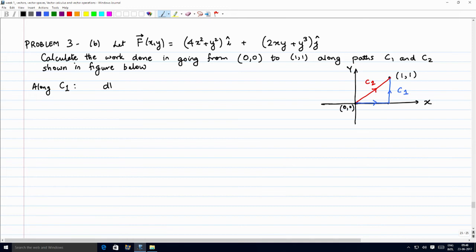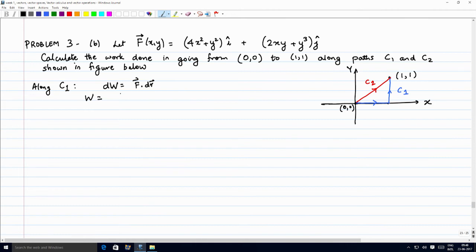You should remember that dW equals F dot dr. I'll break it into two pieces: the first is going along the x axis, the second is going in the y direction.